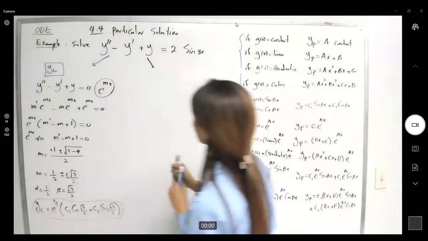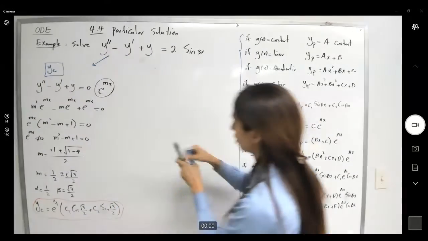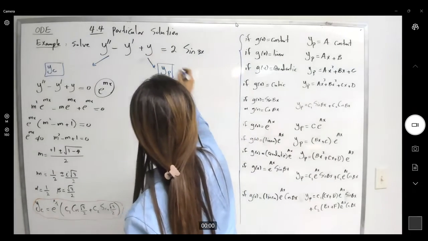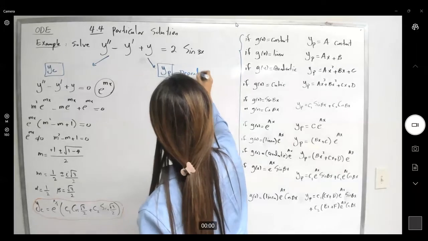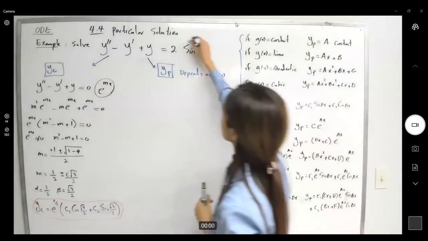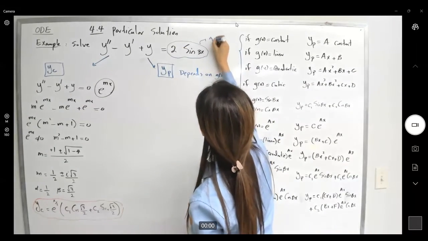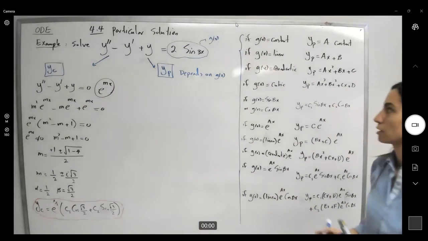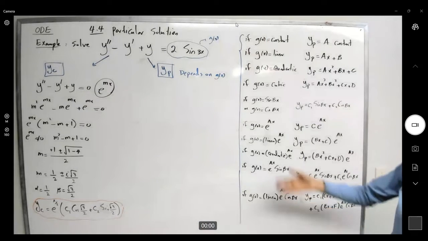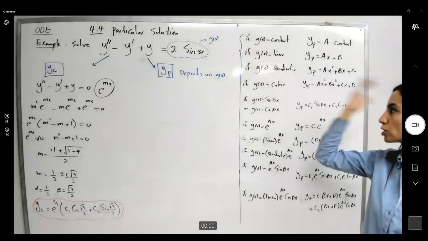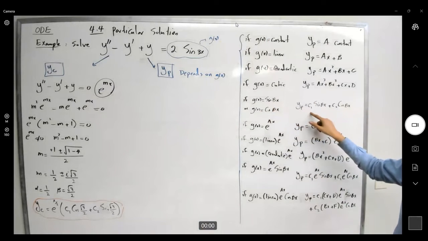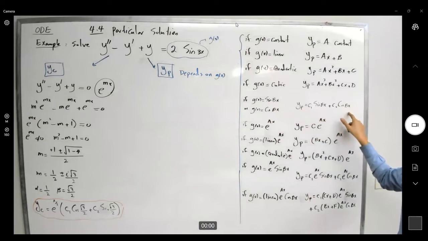For y sub p, it all depends on g of x. What is g of x? G of x is 2 sine 3x. So let us look at the classification that we have. If you have a constant times your sine, here your constant is just 1, the particular solution is a combination of sine and cosine.